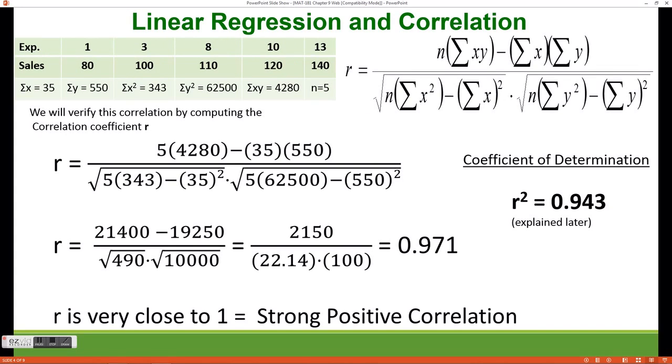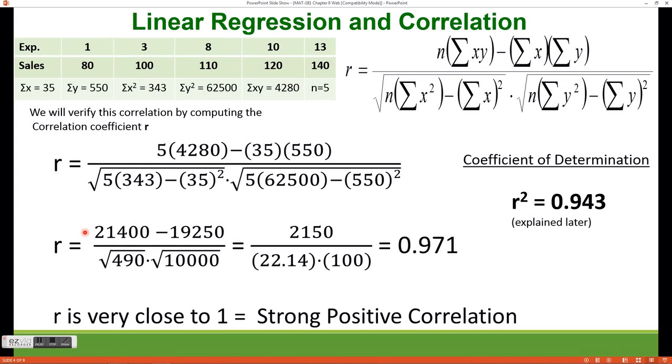Once we have those 5 summations, we insert them into the formula. The key to using this formula is to break the calculation down into 4 parts. For the first part, I'm going to calculate the n times the sum of xy. So we know the sum of xy is 4,280, so I would do 5, since I have 5 data pairs for n, times 4,280.